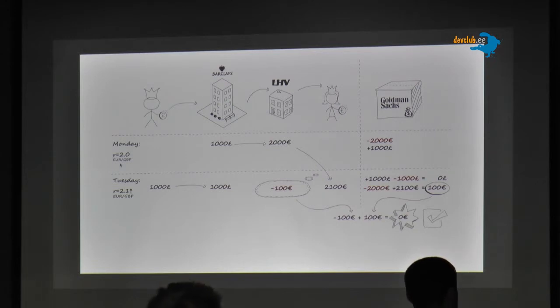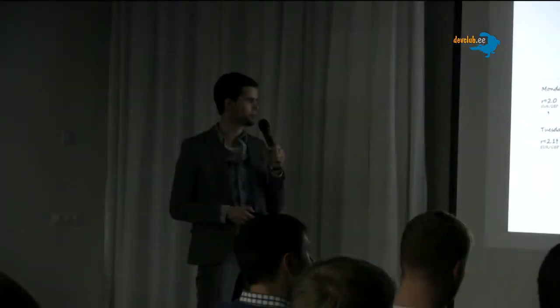Let's go through the situation once again: on Tuesday the exchange rate actually went down to 1.9. Then you promised the customer that you pay out 1,900 on the other side.